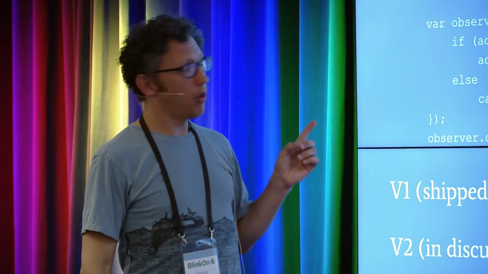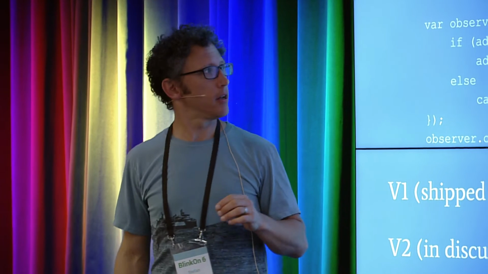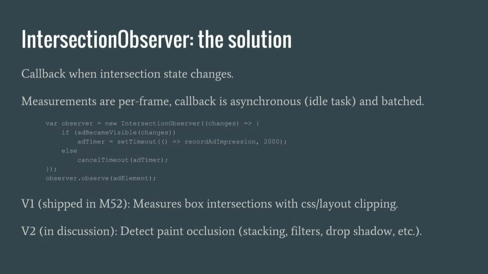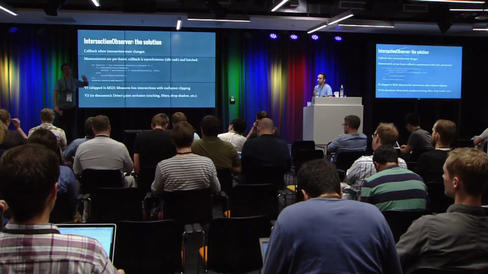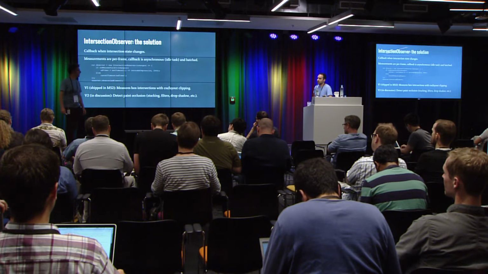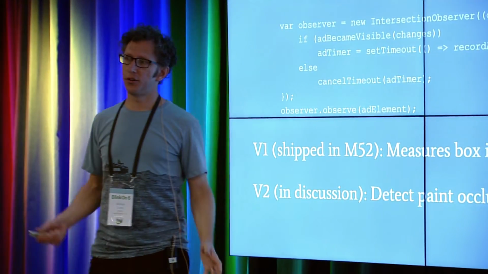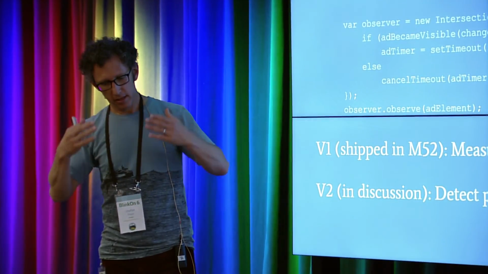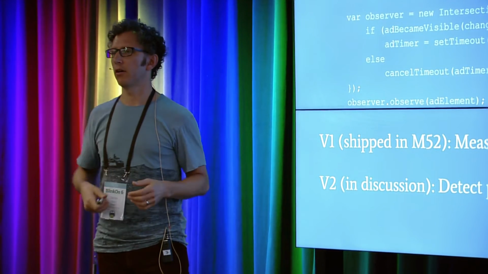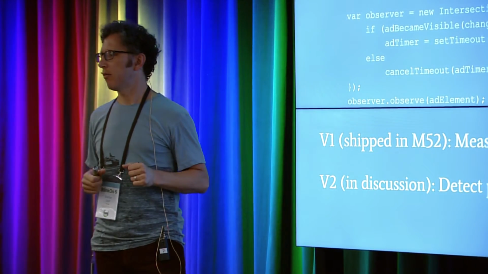One thing I particularly like about it, and it's yet to be seen how this actually works in the wild, is that although the measurements of intersection are very accurate, because they are done at frame generation time, so it has a lot of fidelity to what's actually displayed on the screen, the notification, when the callback runs, is actually done using an idle callback. So it's using the same machinery that we use for requestIdleCallback, which is an API that shipped last year, which basically means telling the browser, here's a callback that I would like you to run whenever it's convenient.